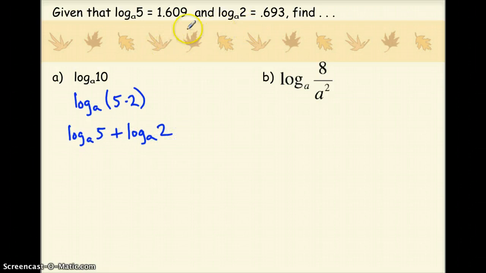We're not multiplying these two together, we're adding them. Because log base a of 5 is 1.609 and log base a of 2 is 0.693. I would add those up, not multiply. You can figure out what that is on your calculator.